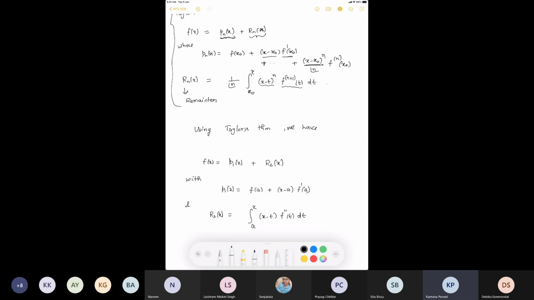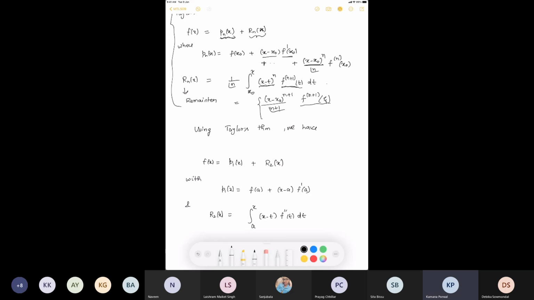And the remainder term, if you try to simplify this, if you apply the integral mean value theorem in a suitable way, you will get this remainder term as (x minus x naught) to the power n plus 1, upon simplification, I'm directly writing it, f^(n plus 1) at some xi. Okay, so you will use the continuity of f^(n plus 1) to take out this factor, and then you will have the integral of only the polynomial, which upon simplification will give you this.